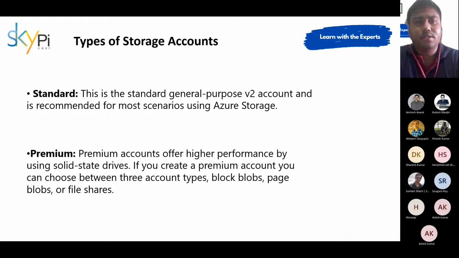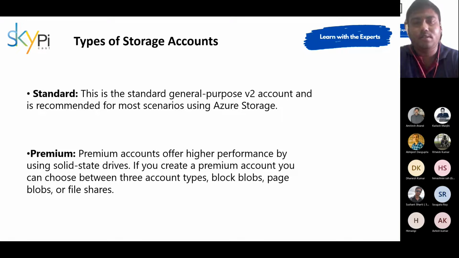In storage accounts, we have two kinds of accounts that we can have. One is a standard storage account, and the other is a premium account. A standard account gives us normal hard disk drives, which is disk storage, and a premium account has solid state drives.